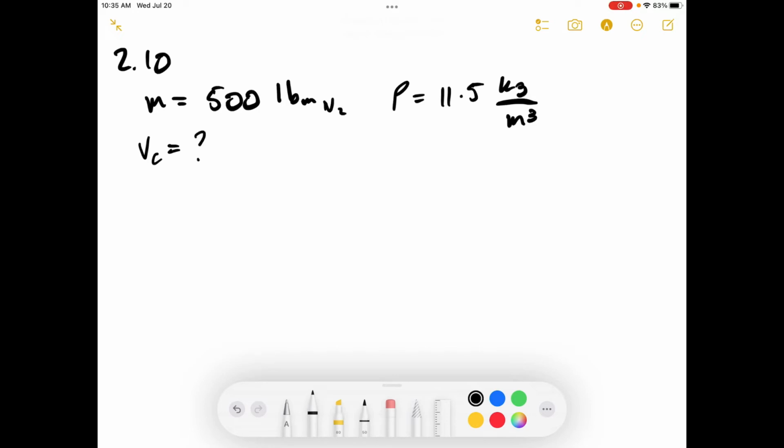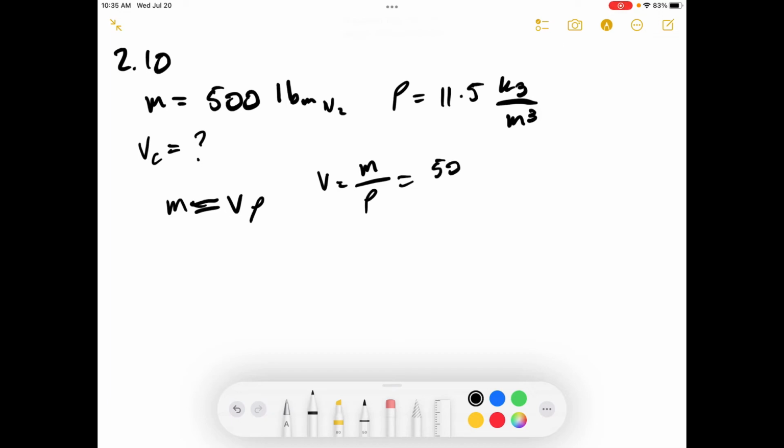We need to know the volume of the cylinder. We know that mass equals the volume times the density. So we're going to calculate the volume, which equals the mass over the density.